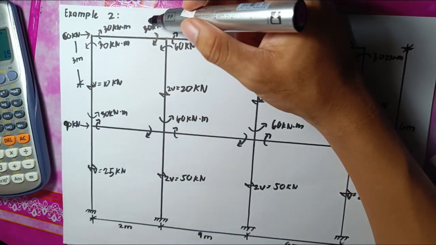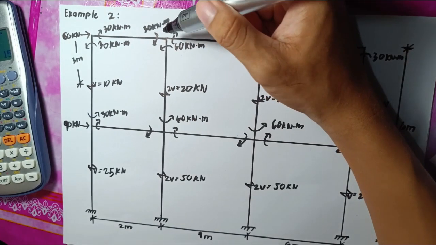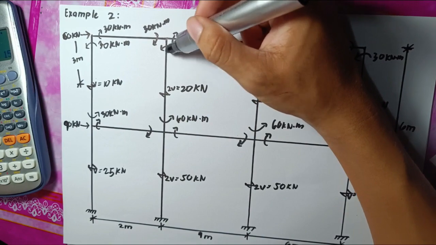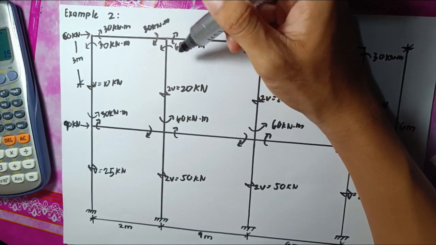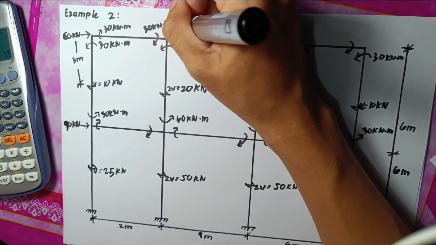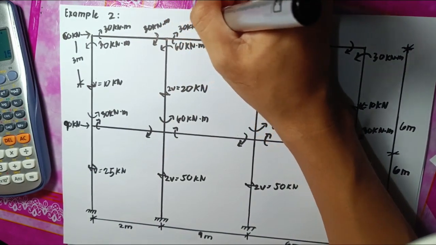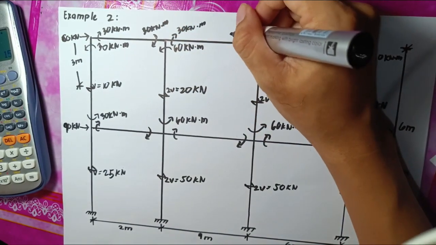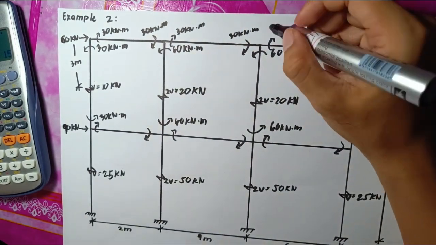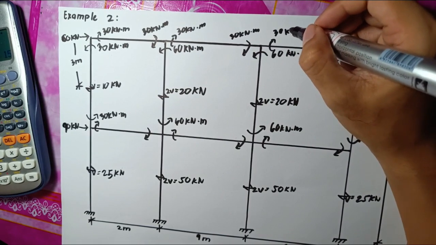So what we must do is subtract the vertical and the horizontal value. So 30 minus 60 is 30 kN meter. Same goes here.